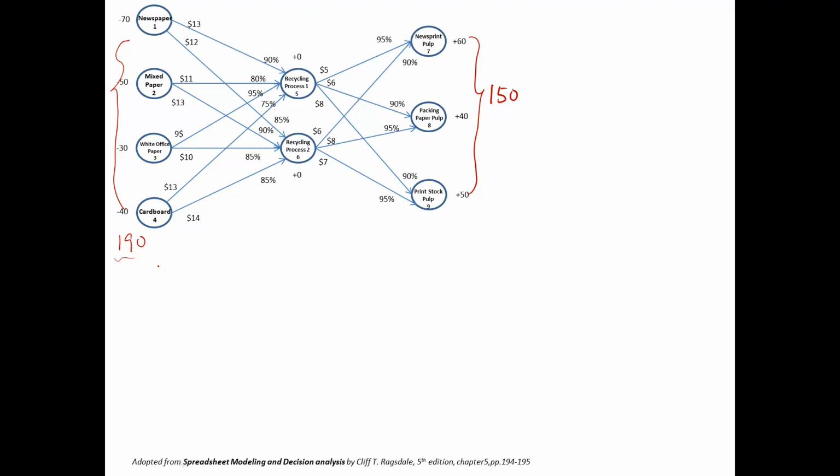One thing we can do is to use the total supply multiplied by the minimum yield here, which is this 75%, and multiply the second minimum yield rate, which is 90%.